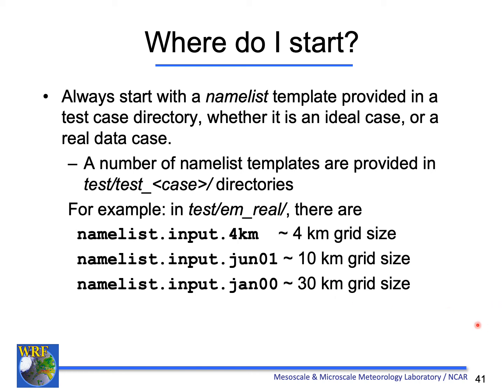Always start with one of these namelist templates. We will always need to change the date, the grid dimensions, probably the input and output intervals, but the physics and the dynamics options from this template should generally work well for applications of similar model resolutions.